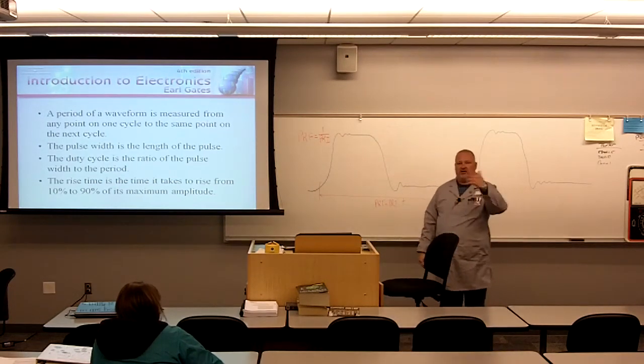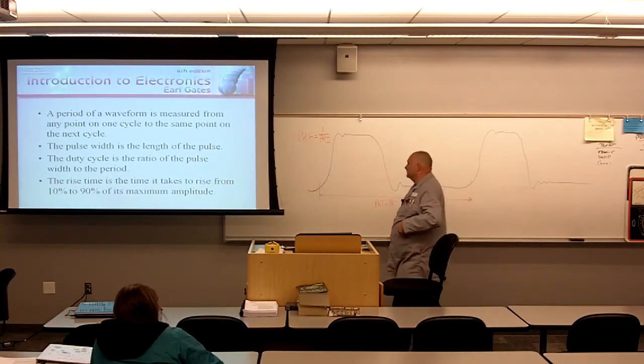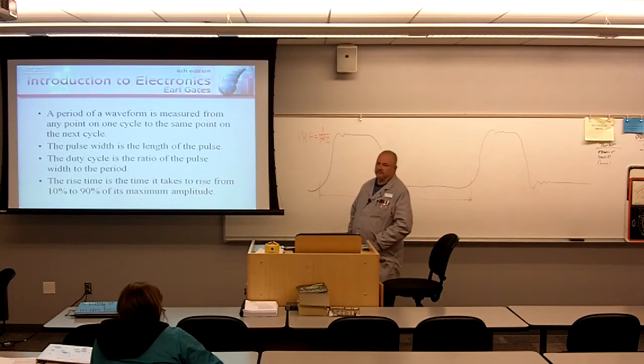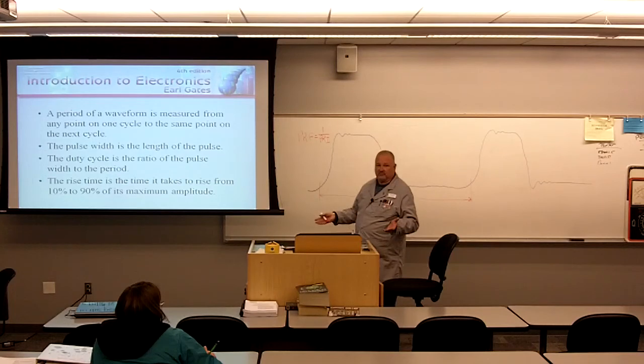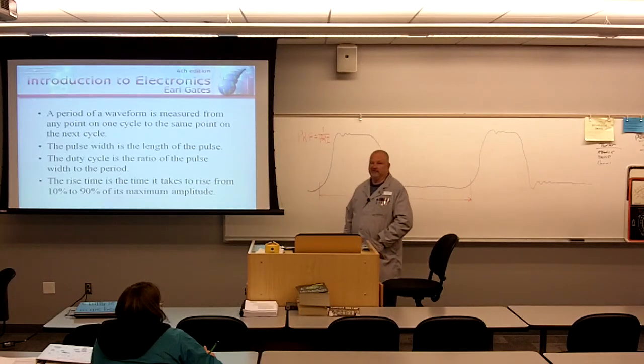Just like time to frequency, 1 over time is equal to frequency, 1 over frequency is equal to time. Same thing holds true here. So if any of you ever go to work on radar, commercial radar, one of the parameters that you're going to have to perform measurements on is going to be the pulse repetition frequency or the pulse repetition interval. Okay, it's something you're regularly going to have to do.